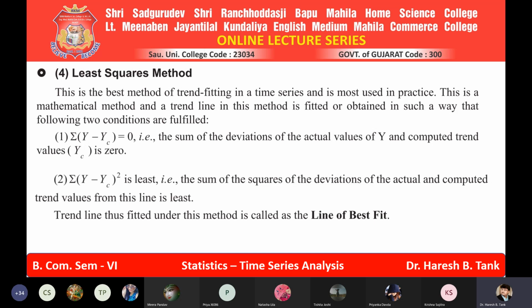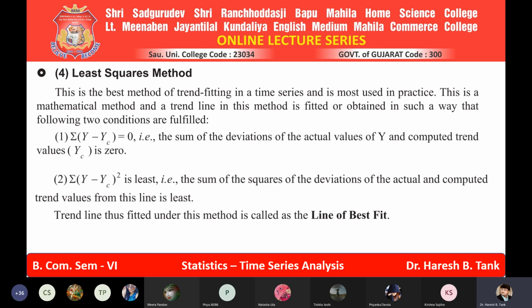What is this method of least squares? The least squares method gives us that particular equation. How? The basis of this method is two conditions.